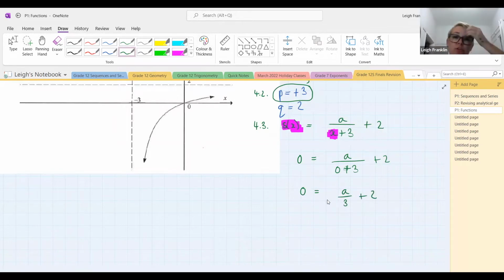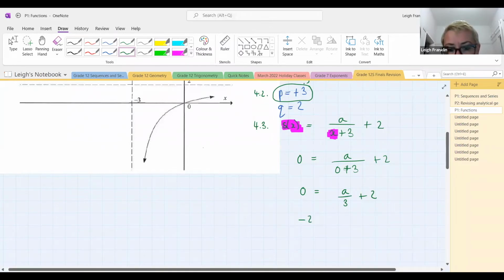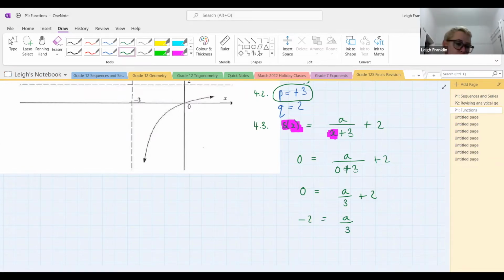What do we think we should do next? Take 2 to the other side. I agree with you. That's what I would do. It becomes -2 equals A over 3. And what would you do now?